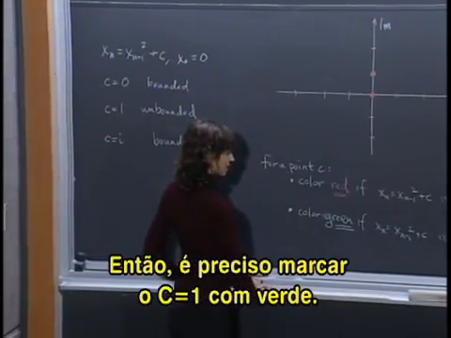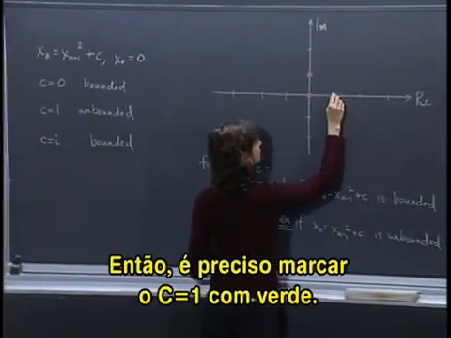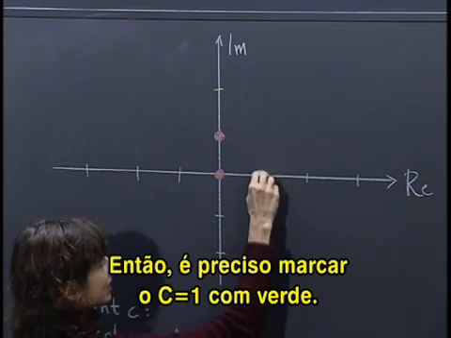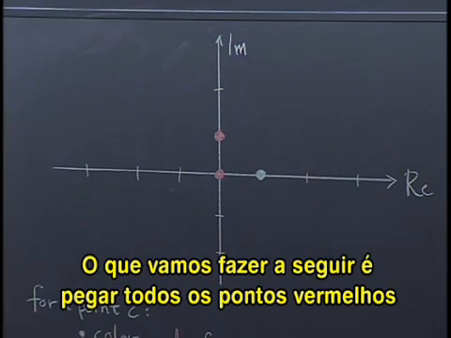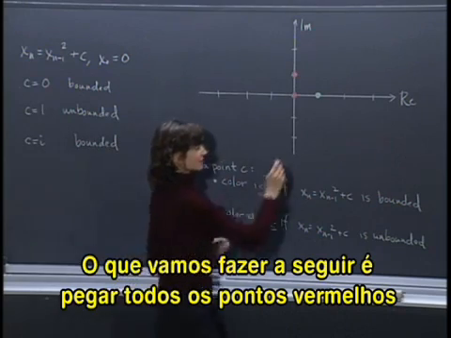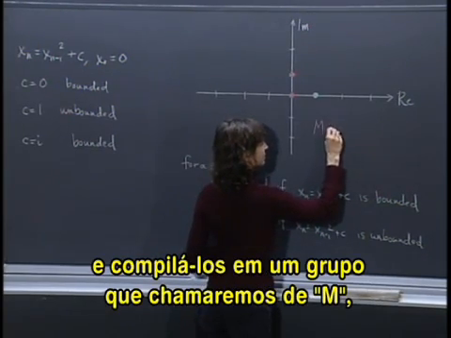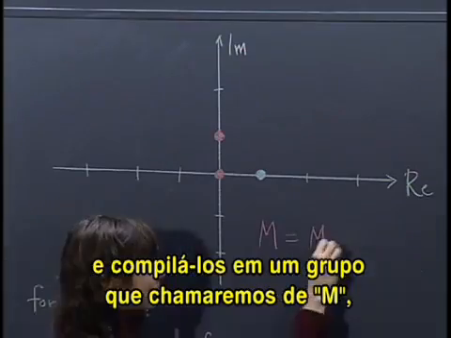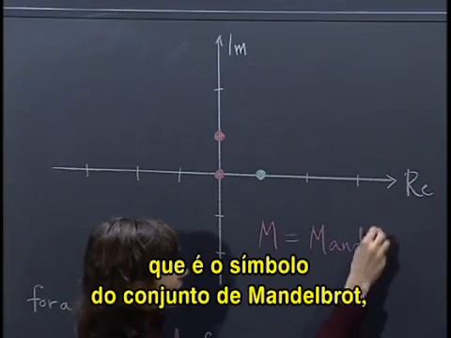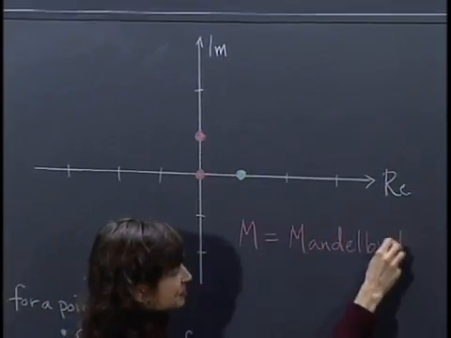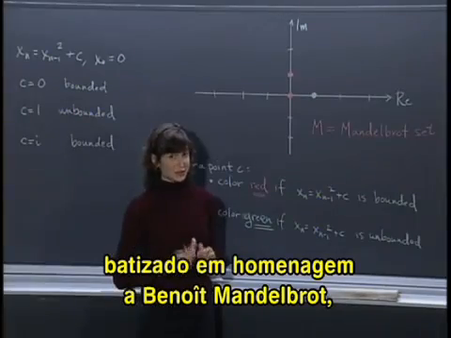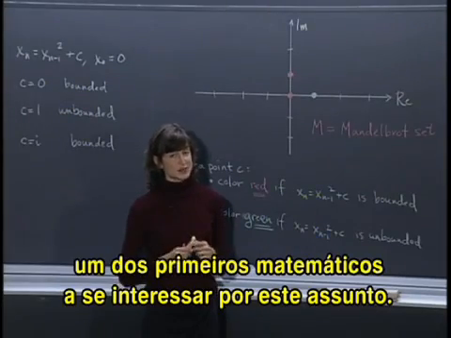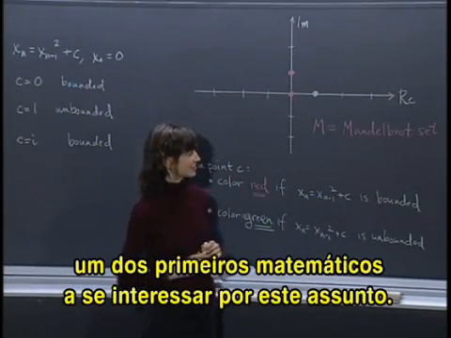So we'll have to color in c equals 1 green. What we'll do next is take all of the red points and combine them into a set we'll call M, which stands for the Mandelbrot set. The Mandelbrot set is named after Benoit Mandelbrot, one of the first mathematicians to be interested in this set.